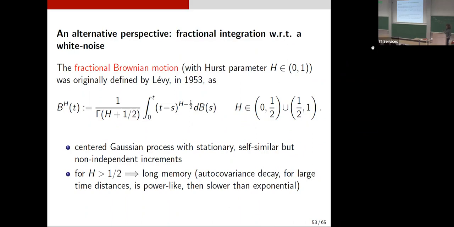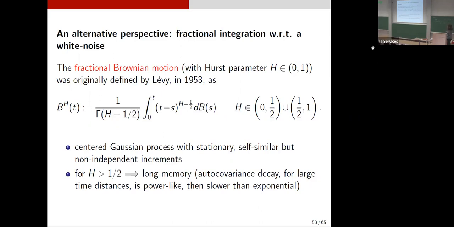I start by considering the most well-known process in this setting, which is the fractional Brownian motion. The fractional Brownian motion with parameter H in (0, 1) was originally defined by Lévy in this way, as an integral with respect to the white noise.